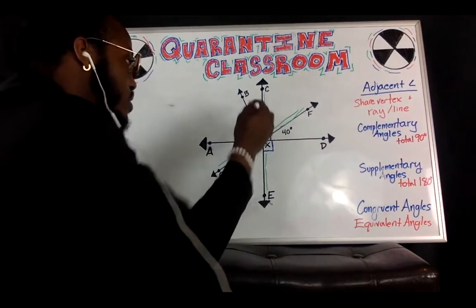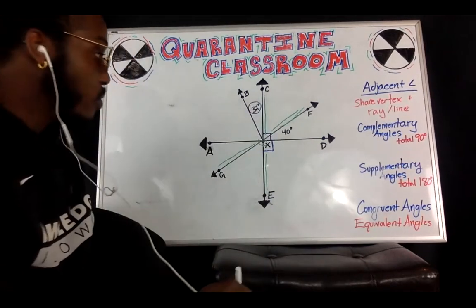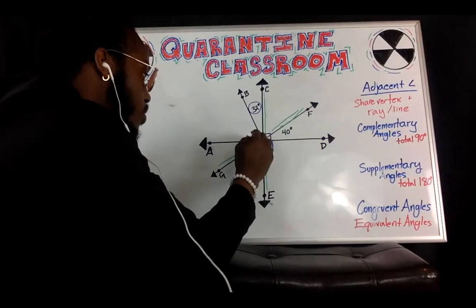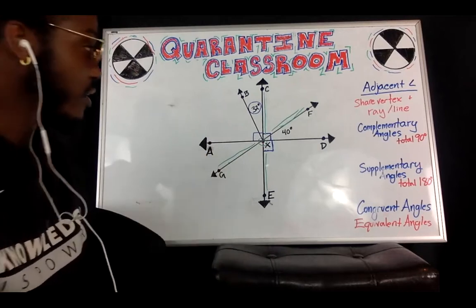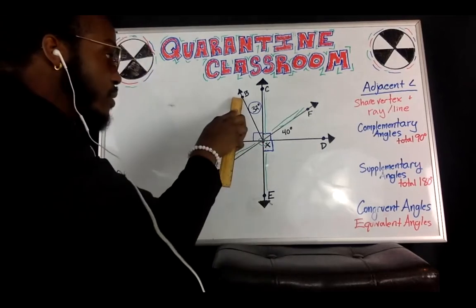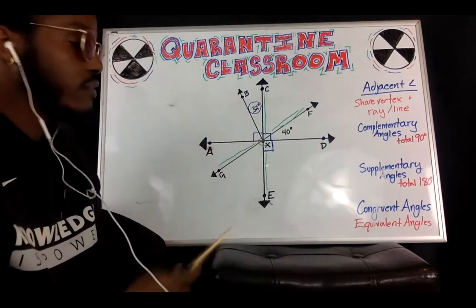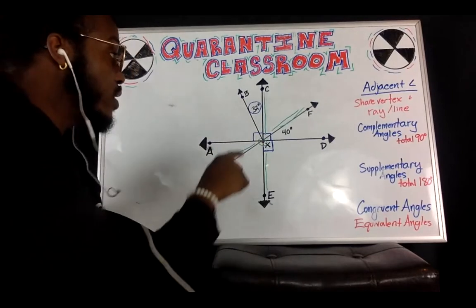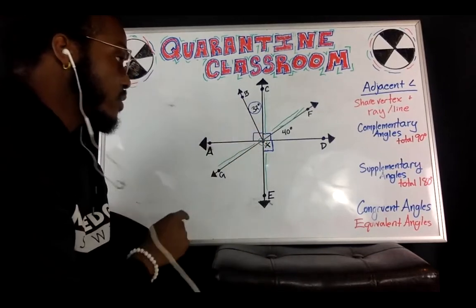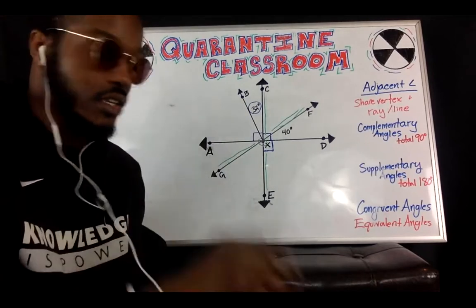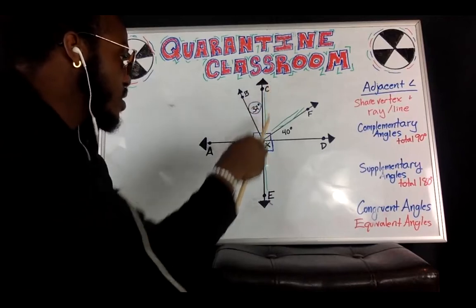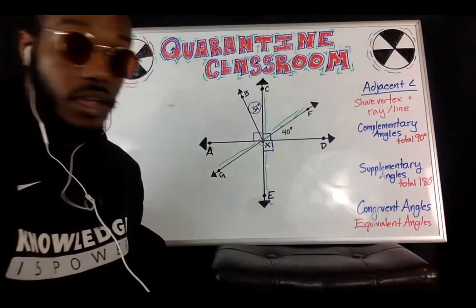It's 32 degrees, and it tells us that. And now we're thinking about, what does the value of angle BXA have to be? Well, we know that this is 32 degrees, and whatever this angle is, when you add it to 32, it has to equal 90, because angle CXA is a 90-degree angle.